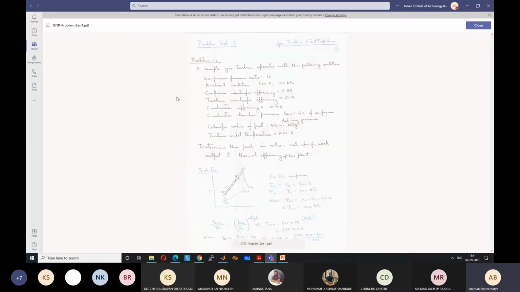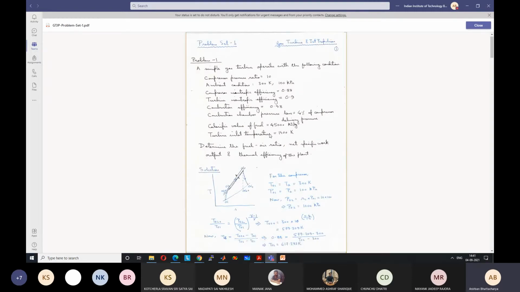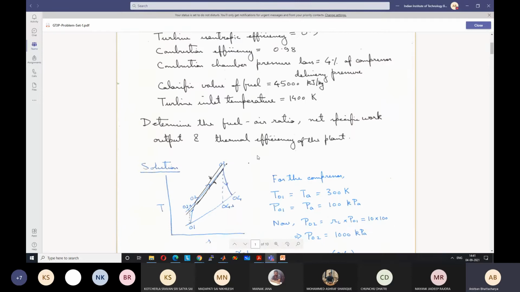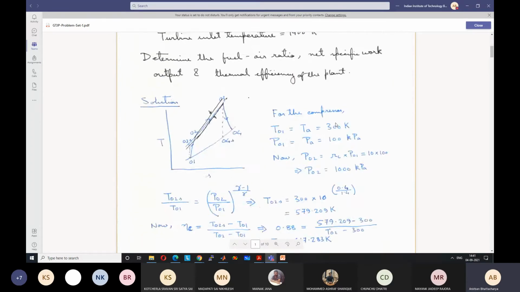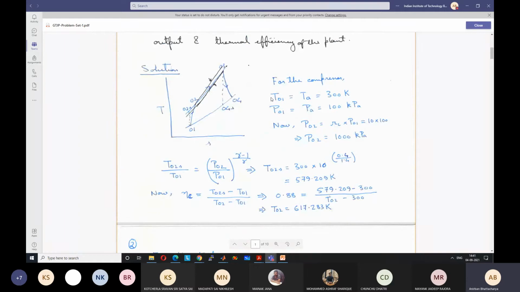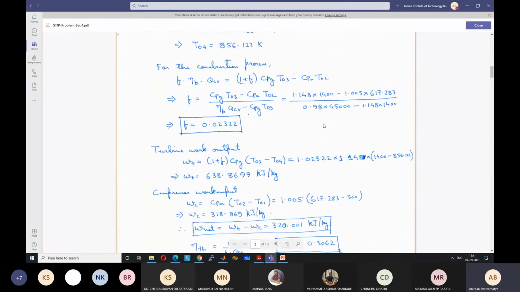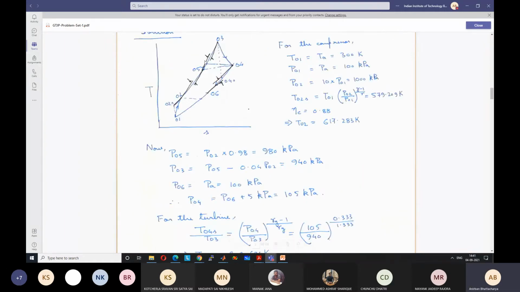Four problems are there, so you can expect similar types of problems in the exams. In these cases, we have also considered pressure losses, for example in the regenerator and the combustion chamber, everything is there.